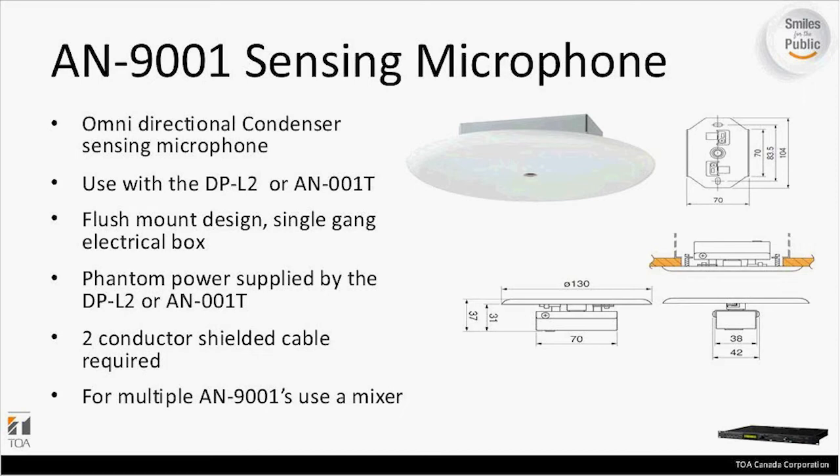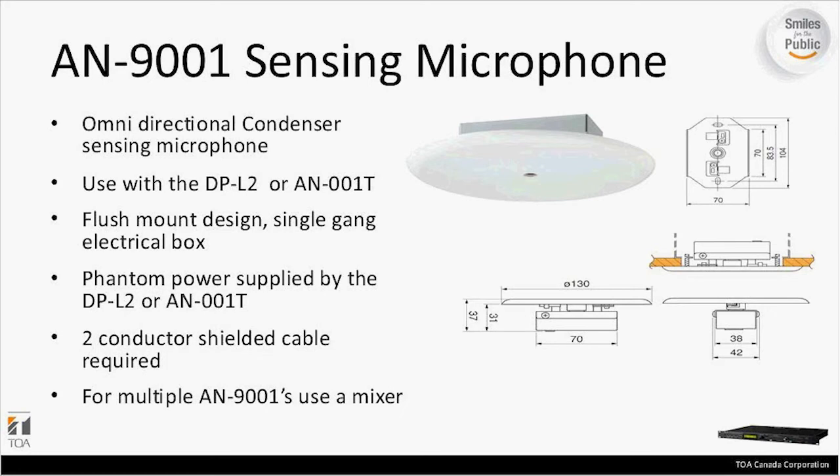The phantom power, as we mentioned, is supplied by the ANC device. And so we use two conductor shielded cable that wires from the microphone back to the ANC device. We can use multiple ones of these in an environment or different areas, and we can do that both with the DPL2 and the AN001T.